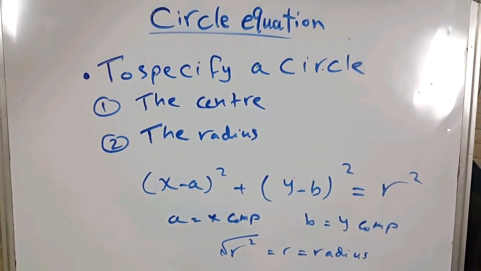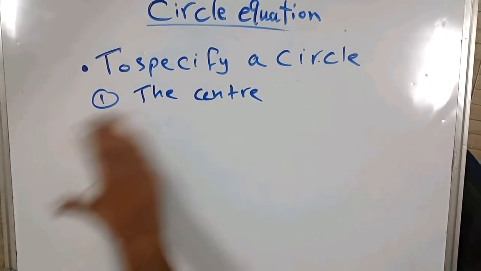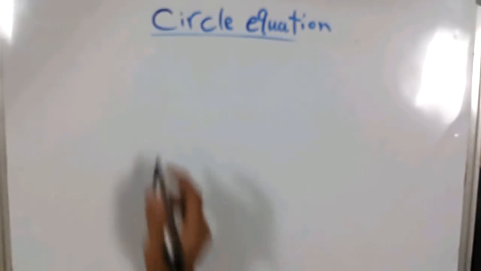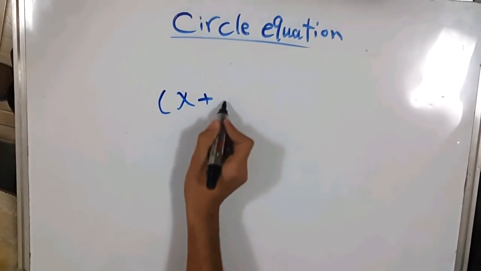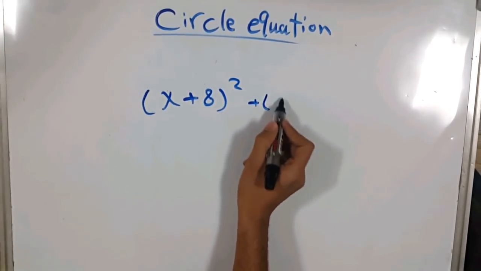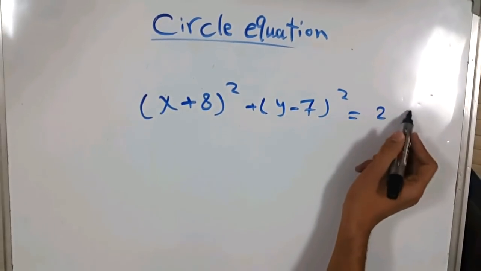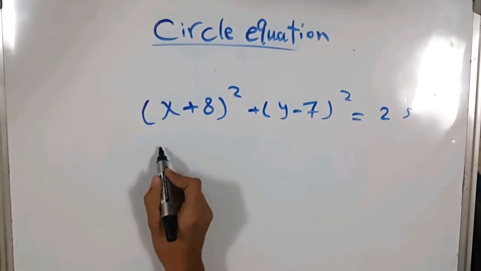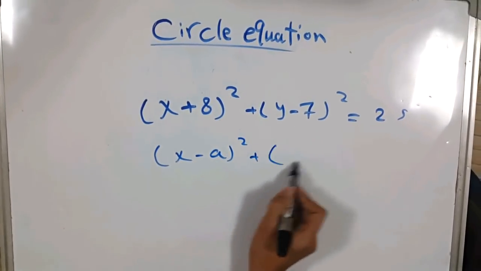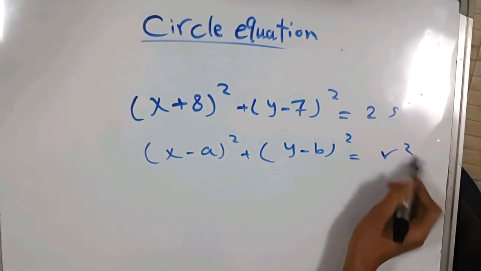We will now move to an example to understand this concept more. We have here a question which says (x plus 8) squared plus (y minus 7) squared equals 25. So we will write the general formula in order to solve this problem: (x minus a) squared plus (y minus b) squared equals r squared.